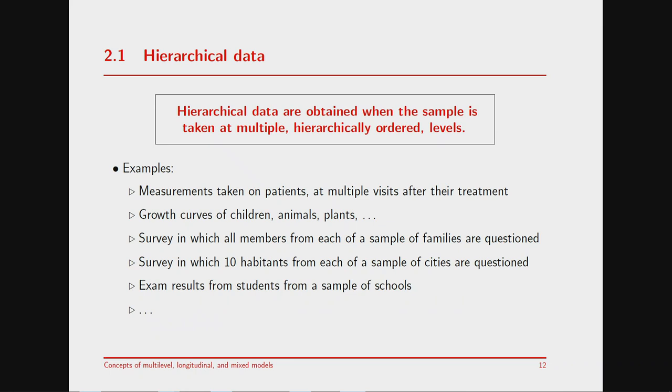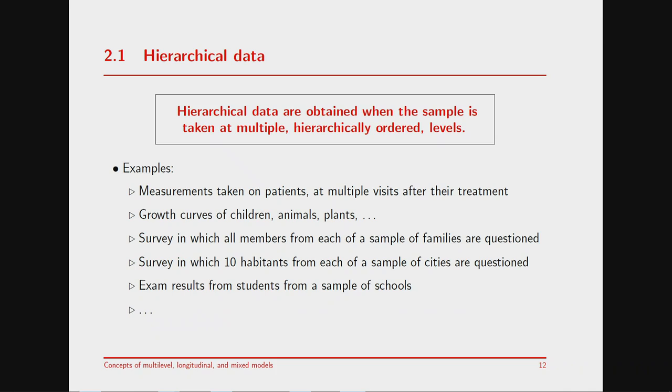The same for growth curves. If you look at growth curves, like children that are growing, and every now and then you measure how tall they are, and you put that on a chart, where on the x-axis you have the age of the child, and on the y-axis you have how tall they are, and then you do that for a number of children, then you also have the same kind of data because you have multiple subjects, multiple children, and within each child you have a number of measurements.